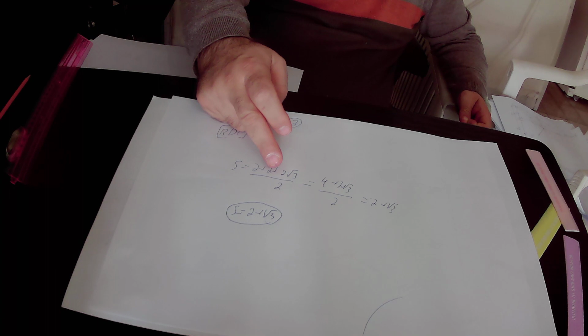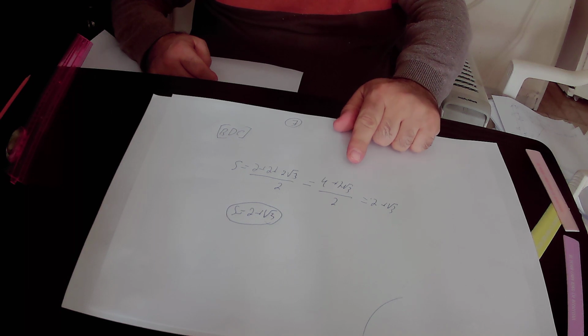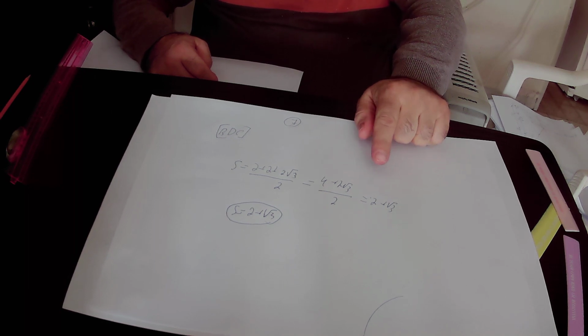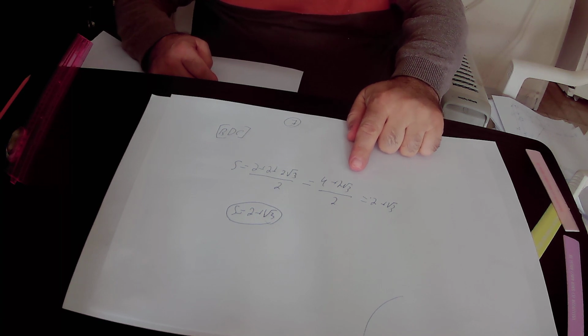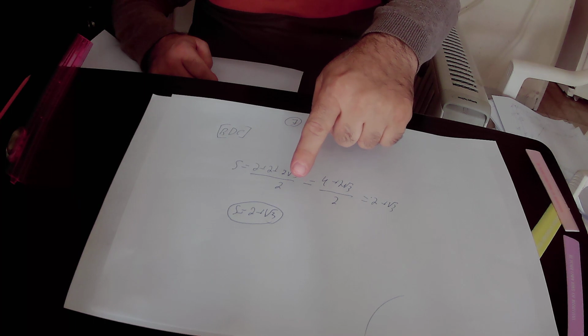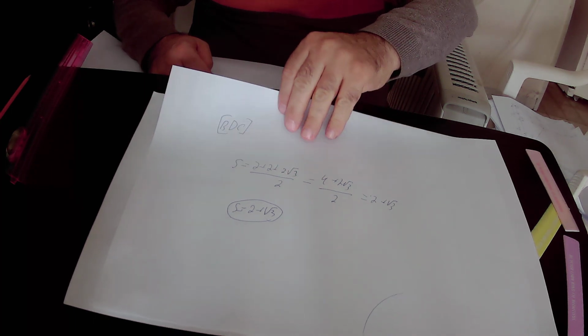By dividing by 2, we get the semi-perimeter, that is 4 plus 2 times square root of 3 over 2. 4 over 2 is 2. 2 times square root of 3 over 2 is square root of 3. So the semi-perimeter of triangle DBC equals 2 plus square root of 3 units.